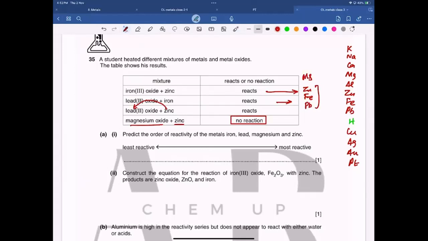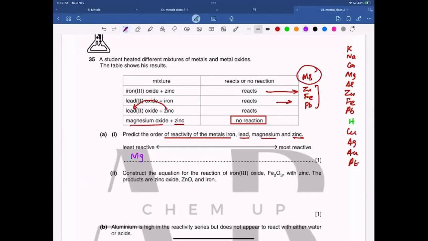Yes. So predict the order of the reactivity of metals: iron, lead, magnesium, and zinc. So what we understood from this table, what we have concluded, which one is the most reactive? Magnesium. Good.